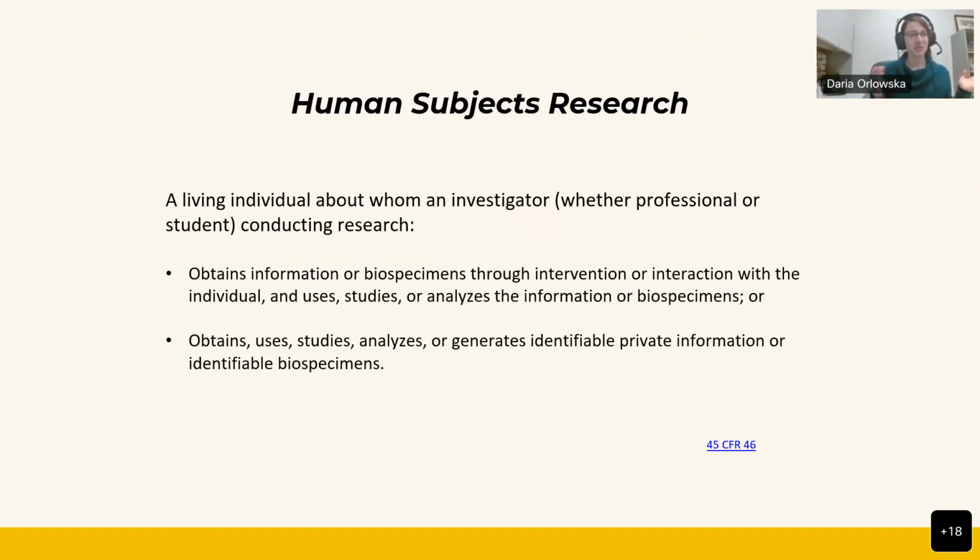Human subjects research is when you have living individuals about whom an investigator is conducting research, and they are either obtaining some sort of information or biospecimens through intervention or interaction, or is obtaining or using or analyzing identifiable private information, or if the study is generating that kind of information. So this is really what human subjects research is on this campus.